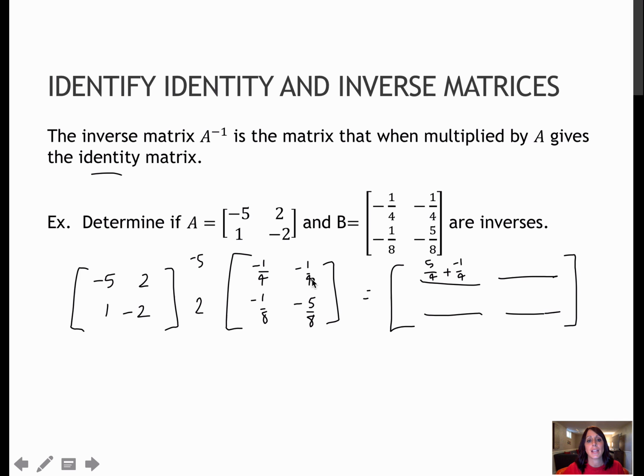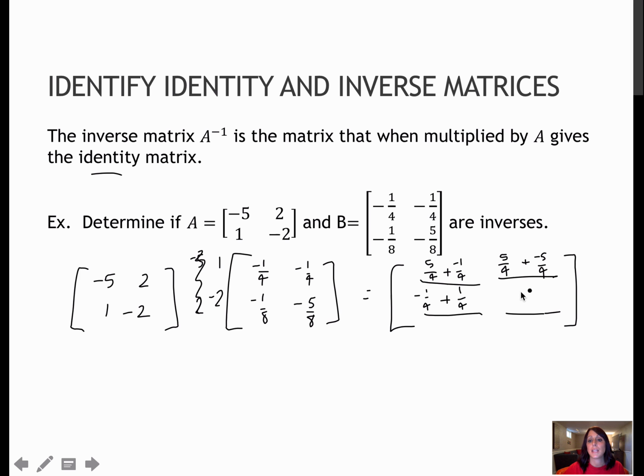Negative 5 times negative 1 fourth is positive 5 fourths. And then 2 times negative 5 eighths is negative 10 eighths, which is negative 5 fourths. Then I'm going to do the same with 1, negative 2. So 1 times negative 1 fourth plus negative 2 times negative 1 eighth, which is 1 fourth.